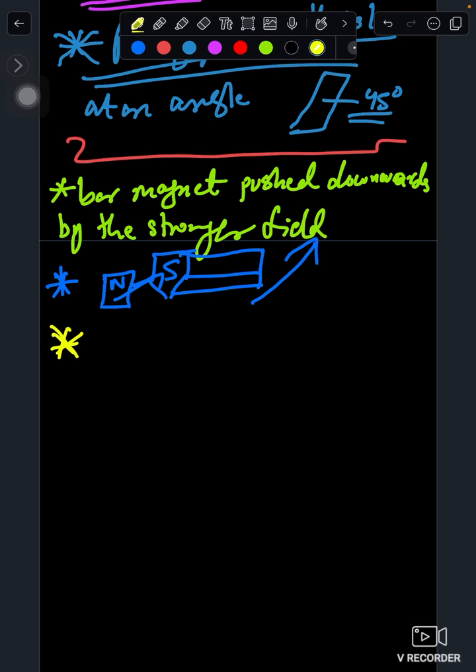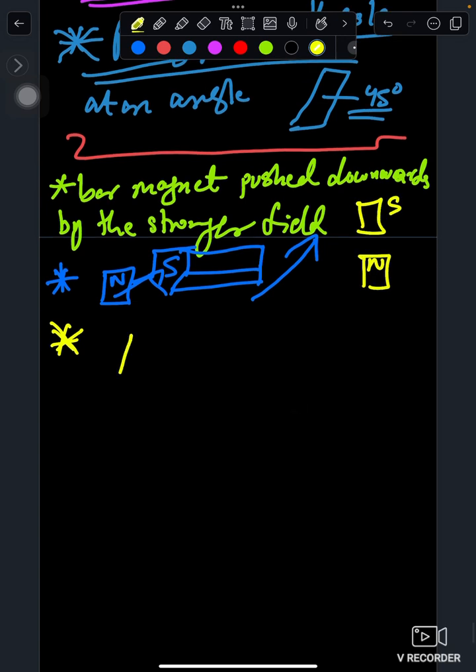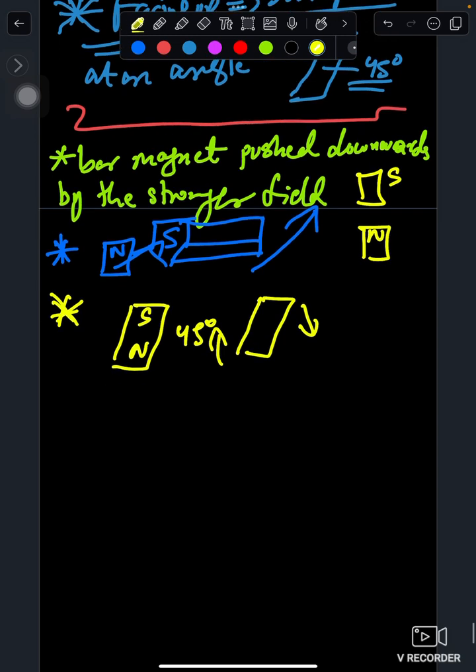Since it's at an angle, we are not specifying whether it goes down or up.